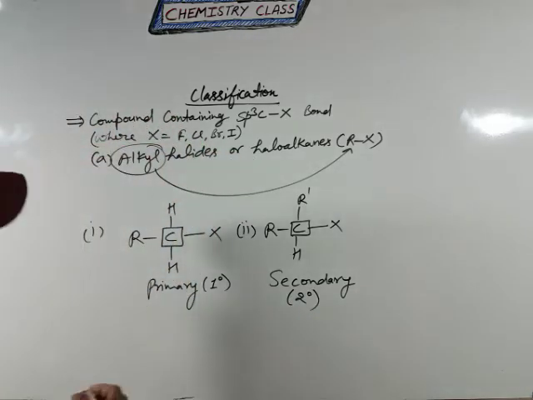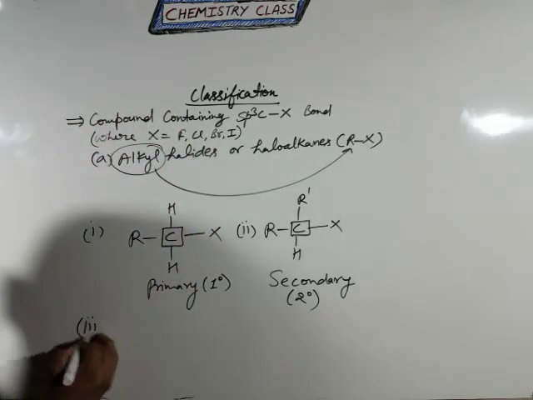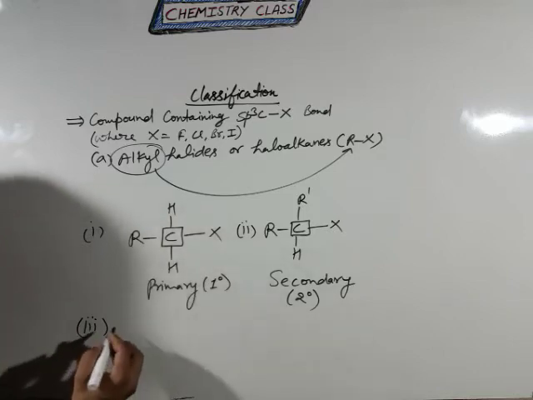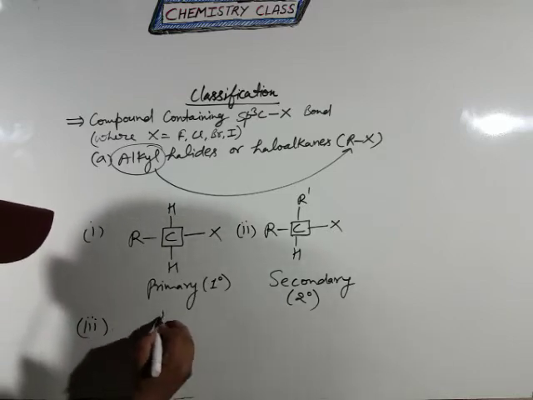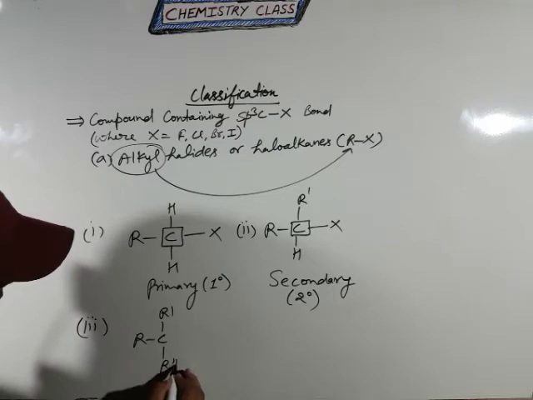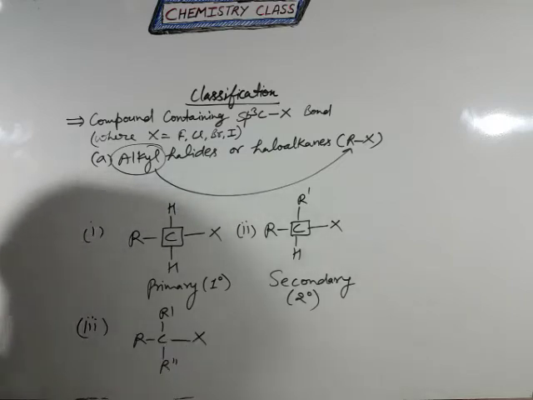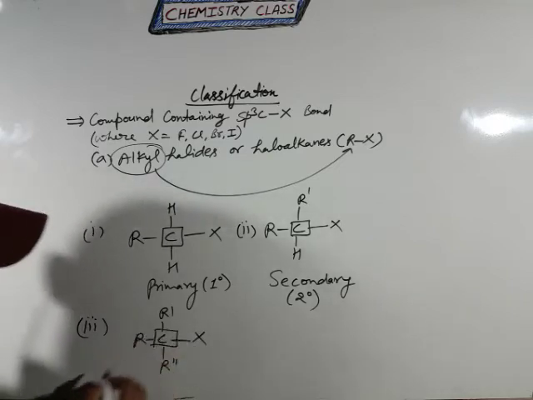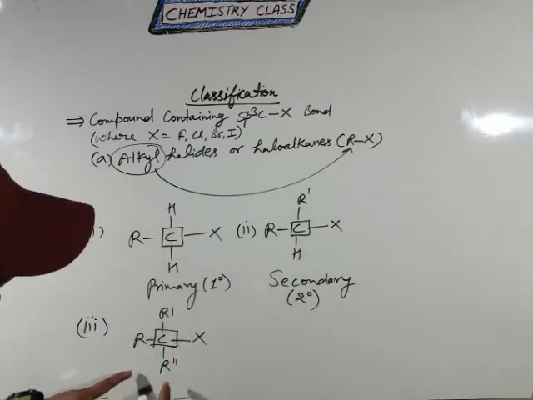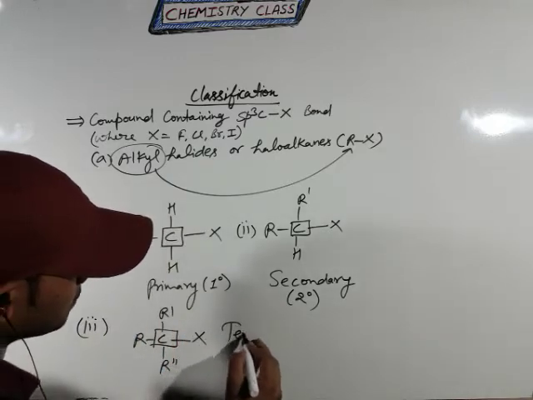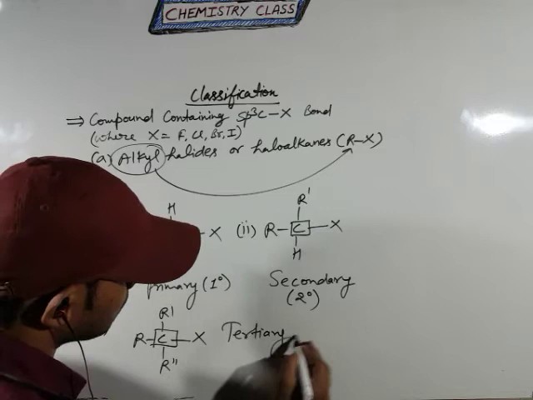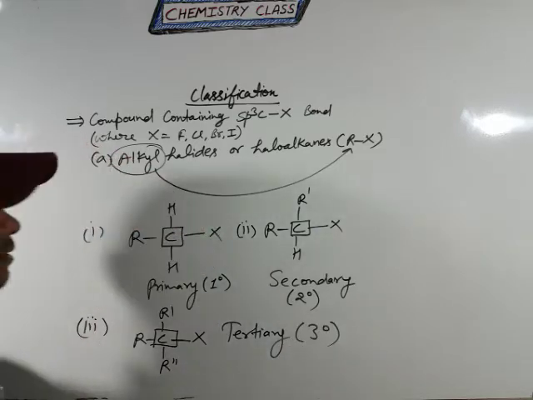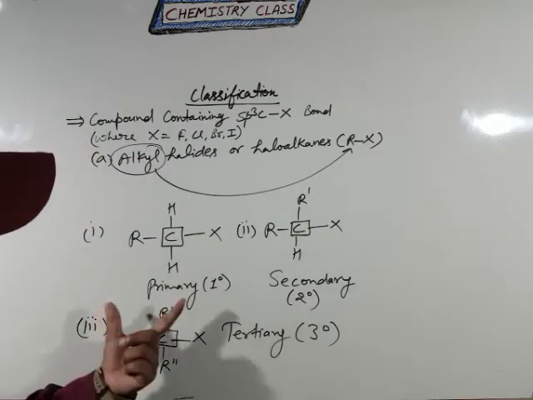Clear? If we talk about tertiary, tertiary means R-C(R')(R'')-X. If the parent carbon atom has 3 alkyl groups, it is known as tertiary. So tertiary means 3 degree.